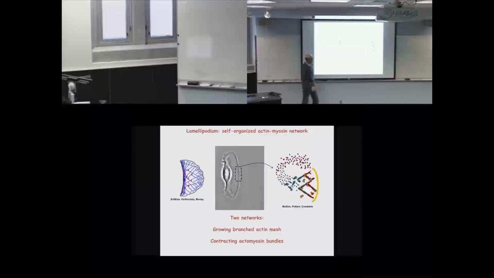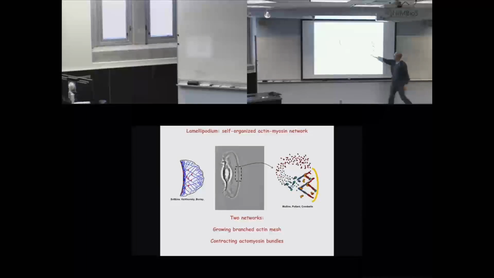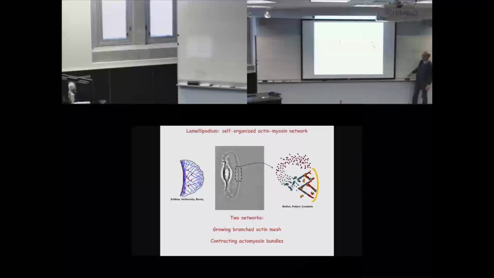And so each existing filament which pushes the leading edge forward, it grows for a while, then gets capped by capping protein, and then a new filament appears from the side of the existing filament, and so this network propagates this way.